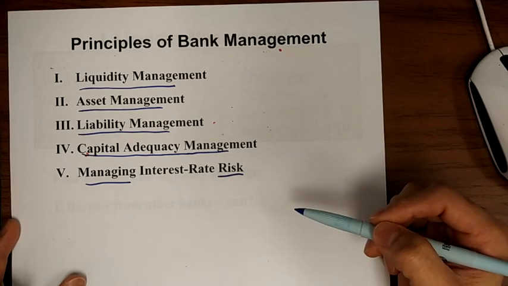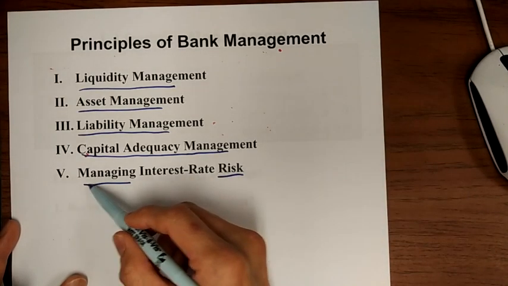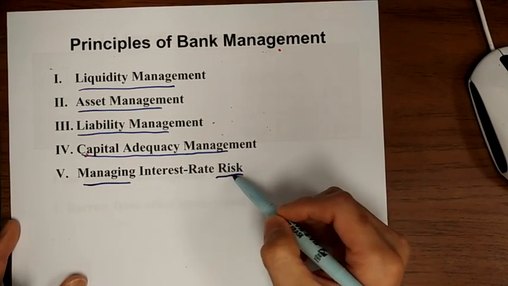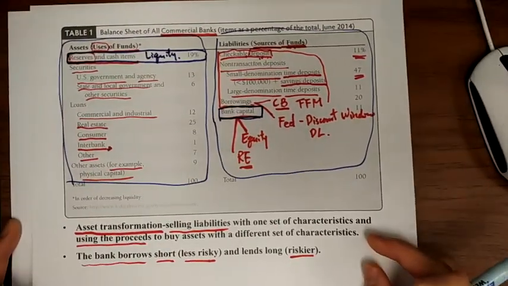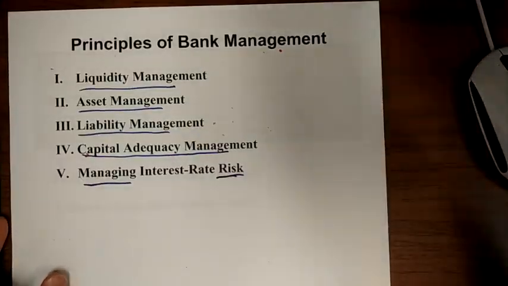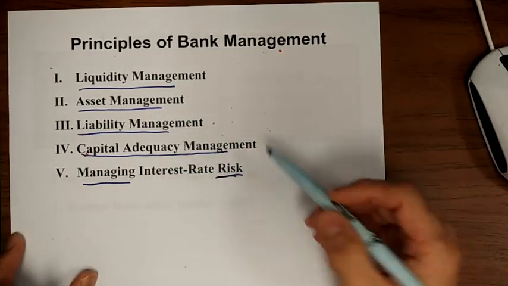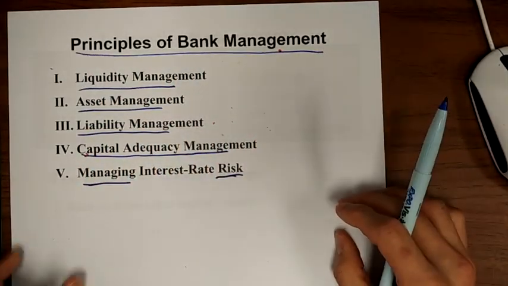Then your salary will be very high. Your job is to manage the risk of the whole balance sheets. Next, we are going to talk about these 5 managements, the principles of bank management, one by one.